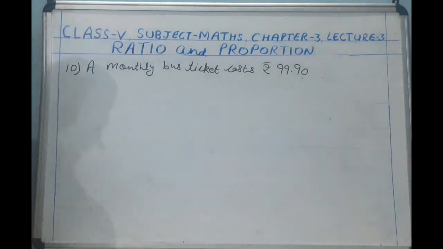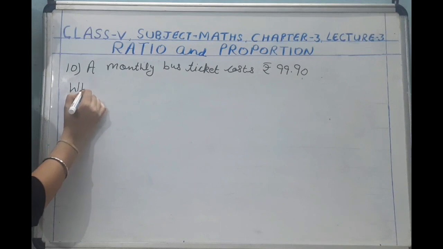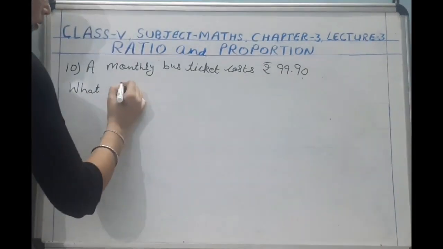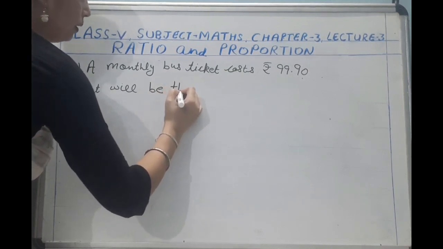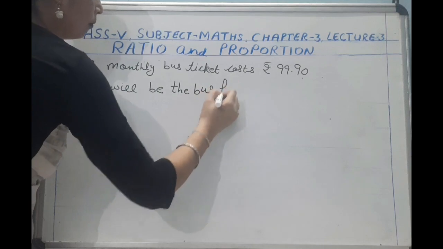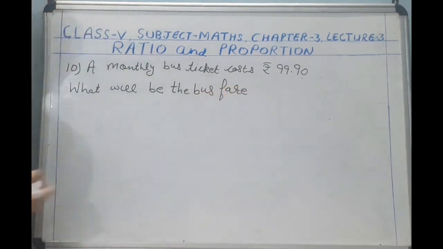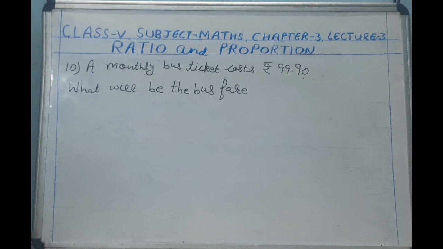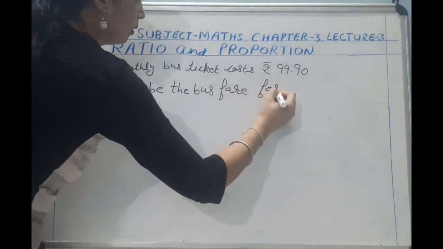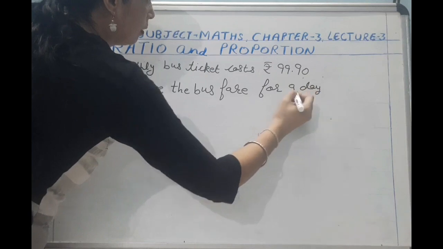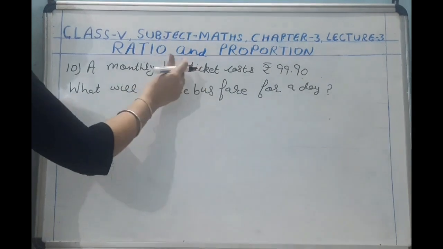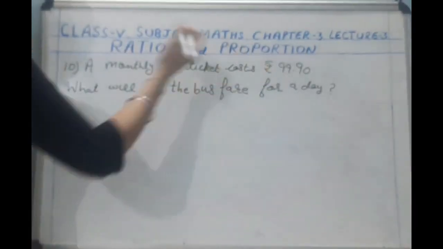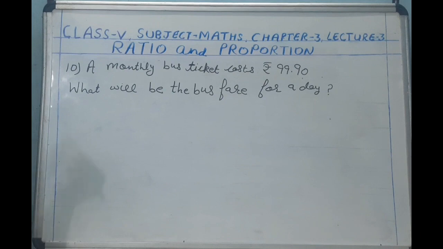So what will be the bus fare, F-A-R-E fare, ये fare होता है किराया for a day. Right? मंथली बस टिकट का मंथली कितना पे करना पड़ता है? ₹99.90. तो 1 डे के लिए कितना किराया देना पड़ेगा?